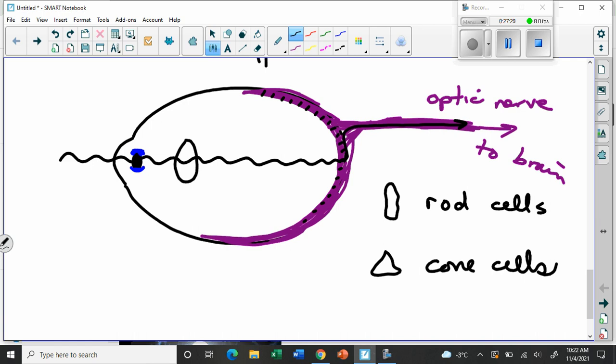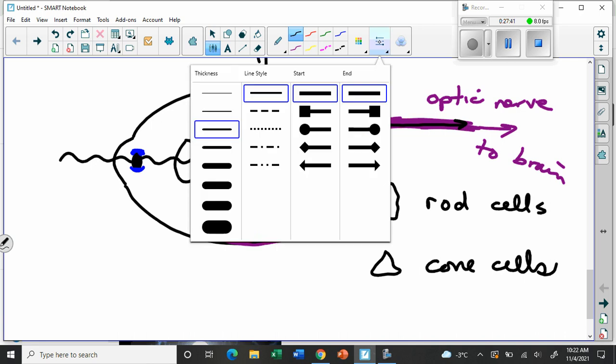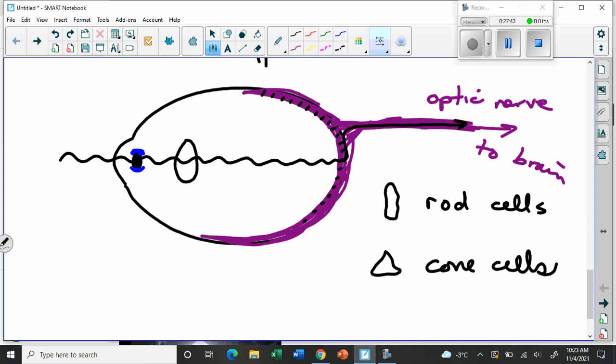But the rod cells are only sensitive to whether or not there's a ripple or not. They can't really tell the difference between different sizes of ripples. So rod cells basically don't tell us anything about what color the light is. They're basically black and white.